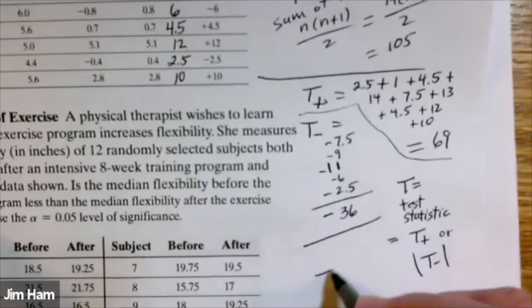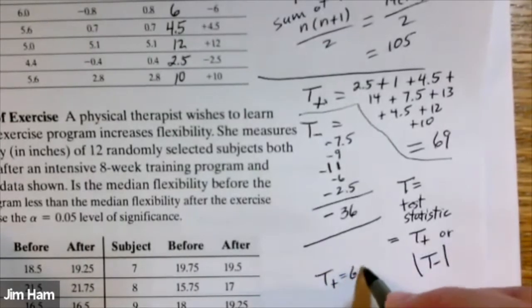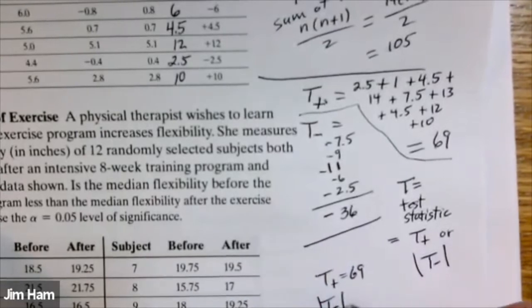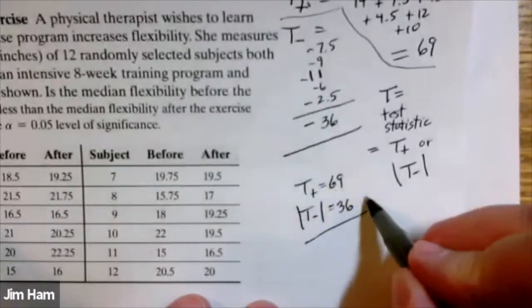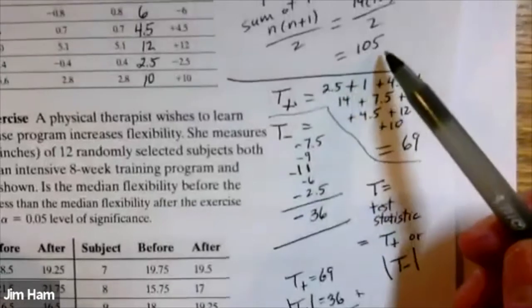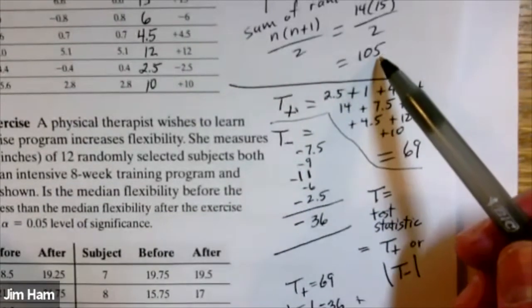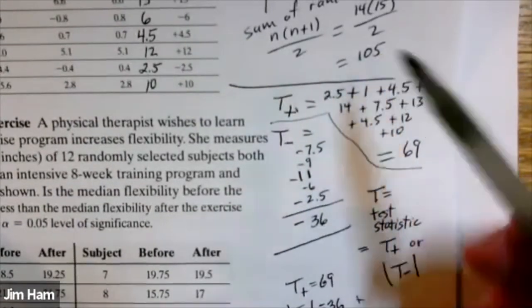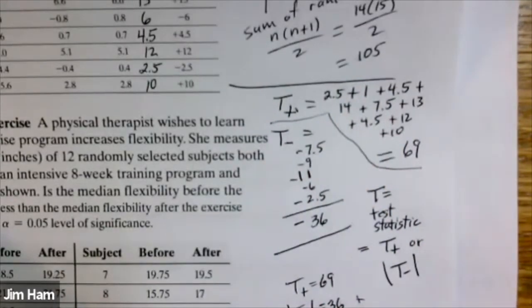So T plus is equal to 69, and the absolute value of T minus is equal to 36. Now, notice if you add those two together, you get the 105, which was this number up here. And that's to check to make sure that you have all of the correct rankings, that they add up to what they should add up to. It's a good check.